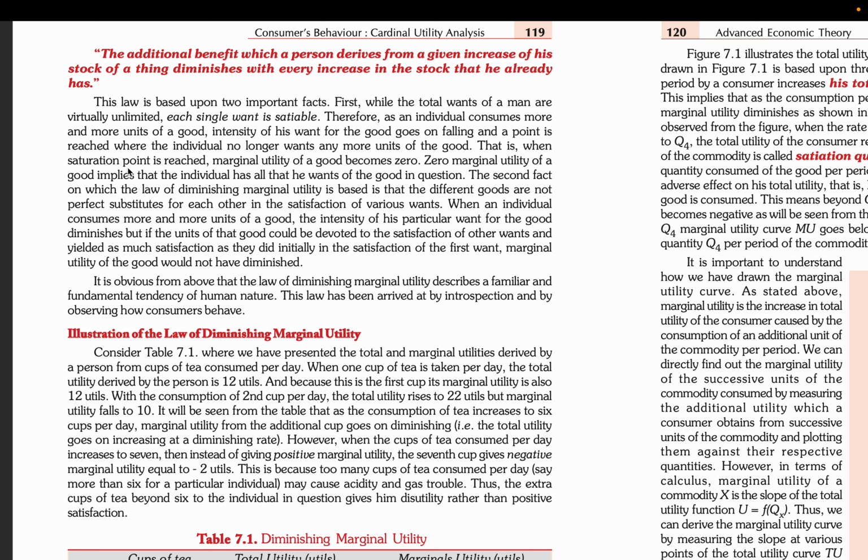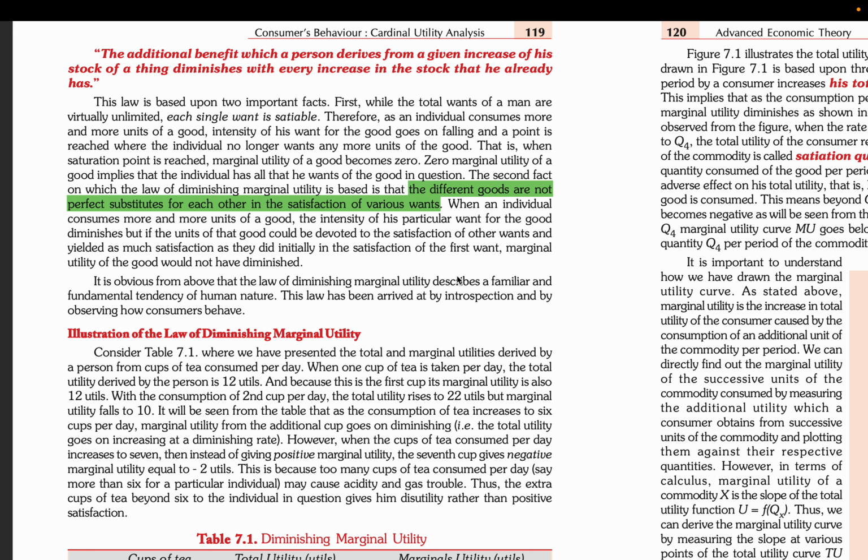The second fact on which the law of diminishing marginal utility is based is that the different goods are not perfect substitutes of each other in the satisfaction of various wants.